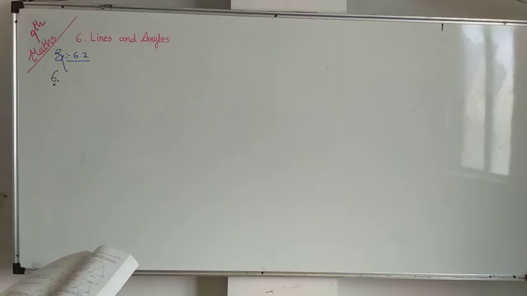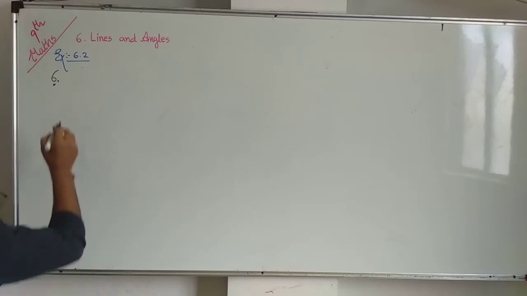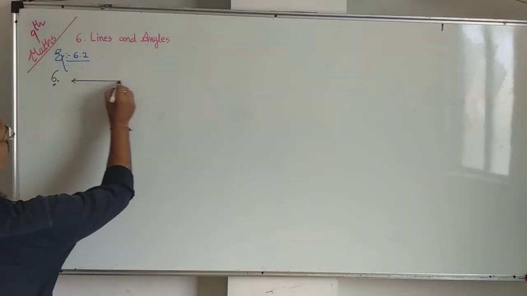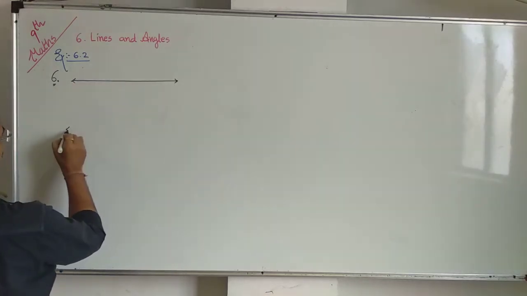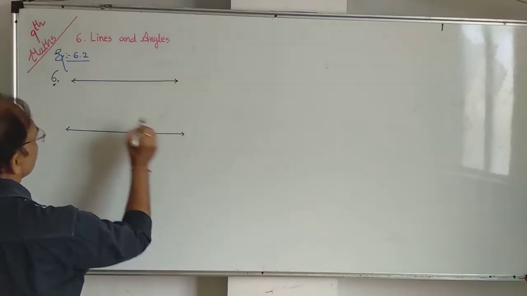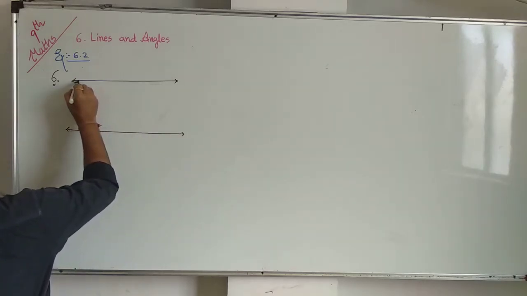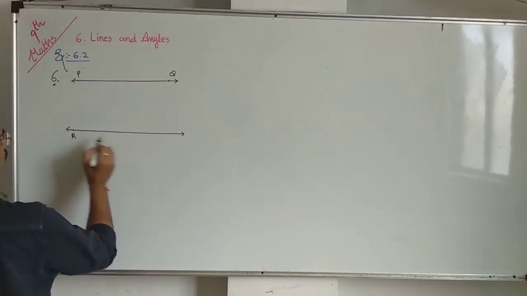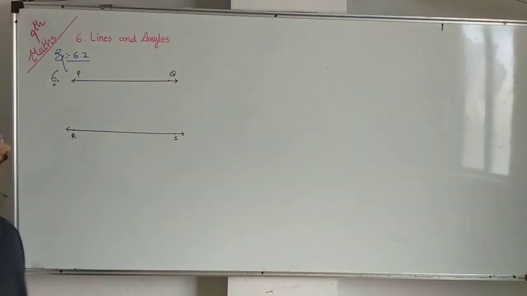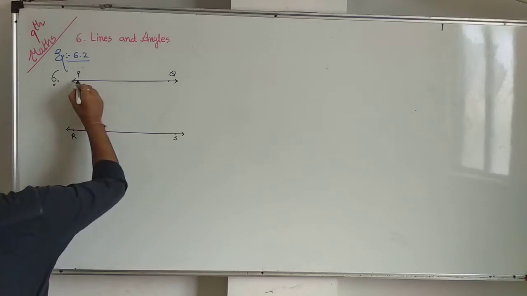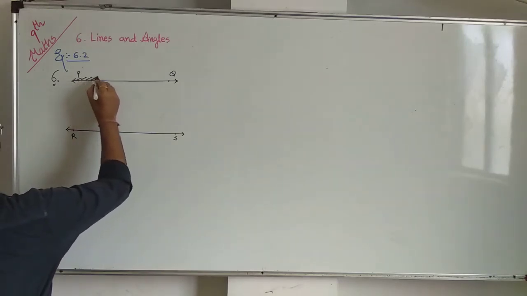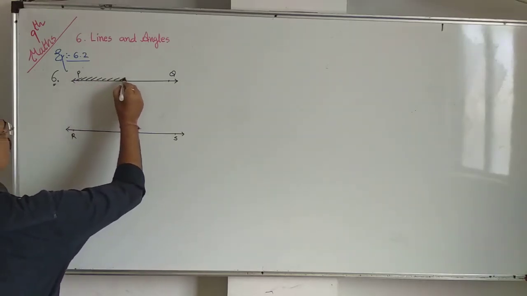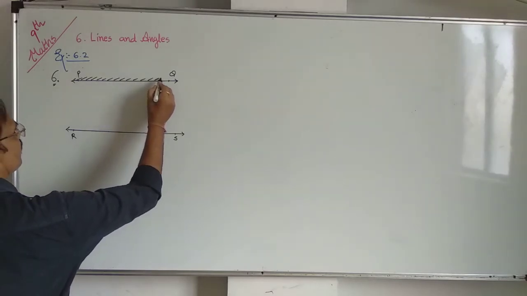PQ and RS are two mirrors placed parallel to each other. PQ parallel to RS. For us it is a line. In mathematical language it is a line. Upside is the rough surface.